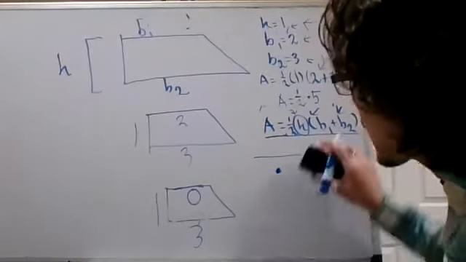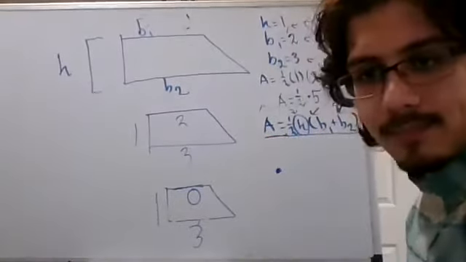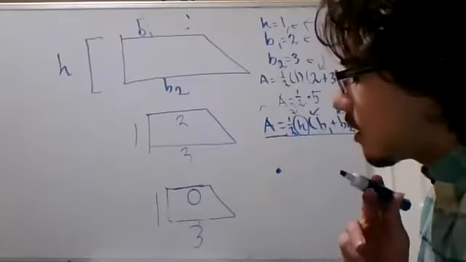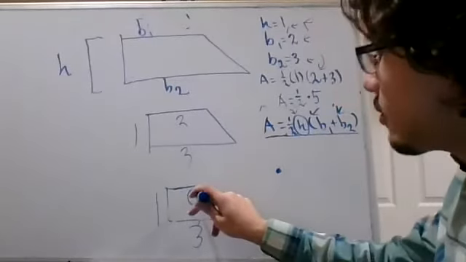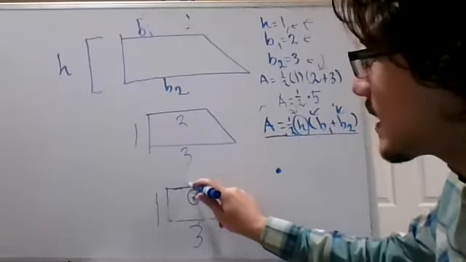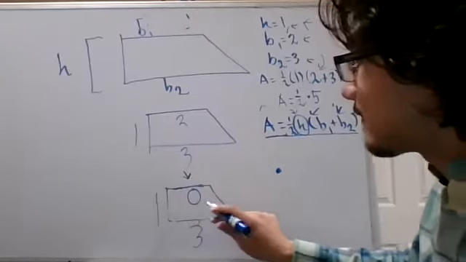So then there would be no side. So Miss Anusha's remark is correct. The new shape would not have a side where B1 is, or the first base is.